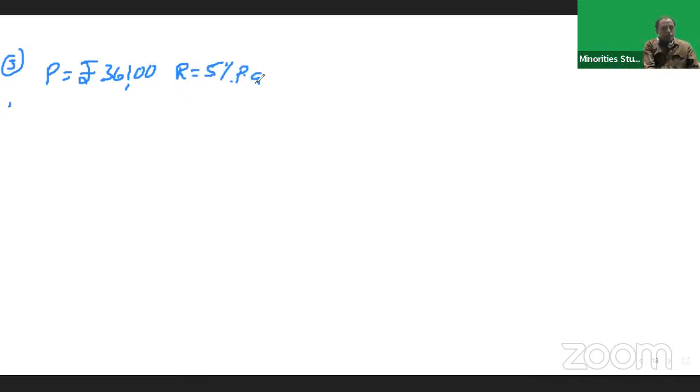Its value depreciation rate is 5% per annum. Then find the machine value before 2 years.